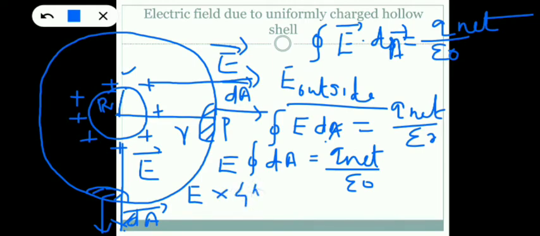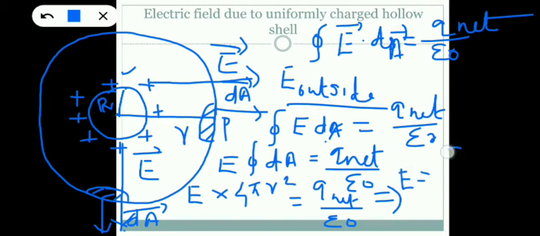That is 4 pi r square, since it is in the form of a sphere, equal to Q net by epsilon naught. So therefore, electric field intensity E equals Q by 4 pi r square into epsilon naught.